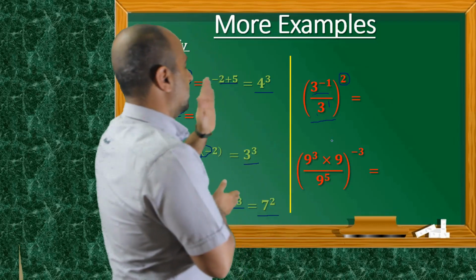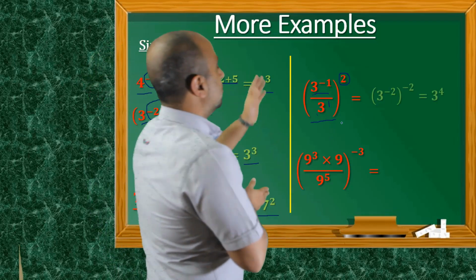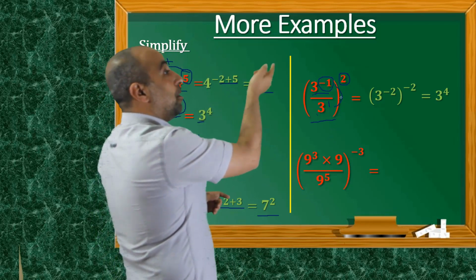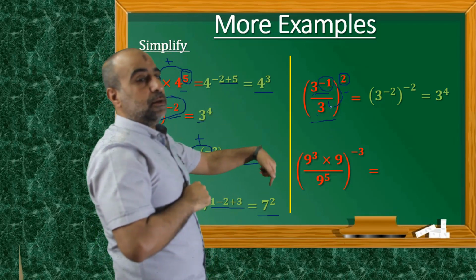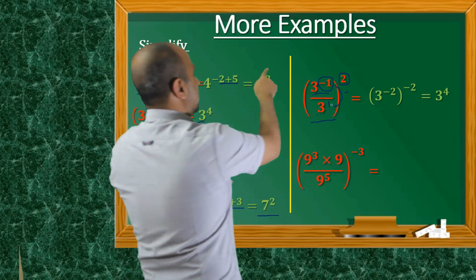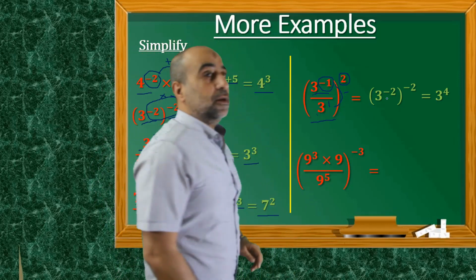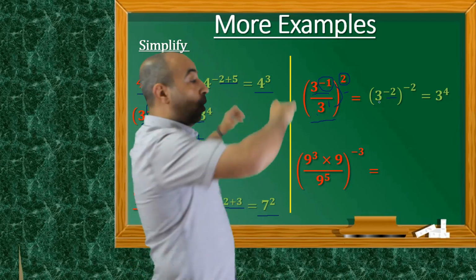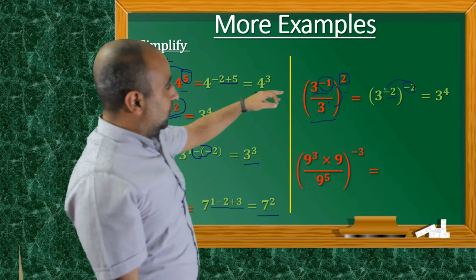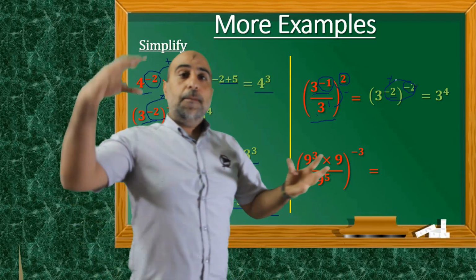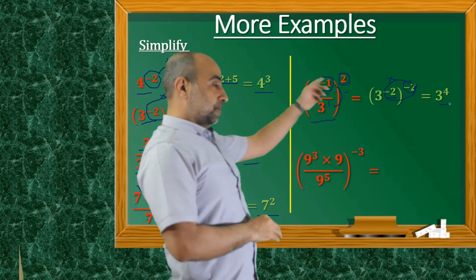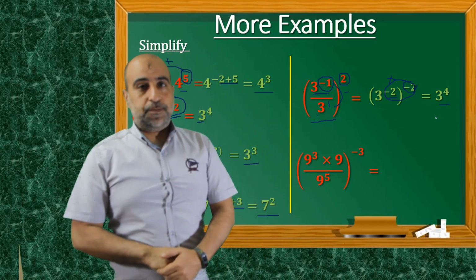Then the result will be 3 to the power of negative 1 minus 1, since the denominator's power is 1 because it's not written. Negative 1 minus 1 is equal to negative 2. All to the power of negative 2. Then 3 to the power of negative 2, all to the power of negative 2, power of the power multiplies the two powers, then the result will be 3 to the power of 4.